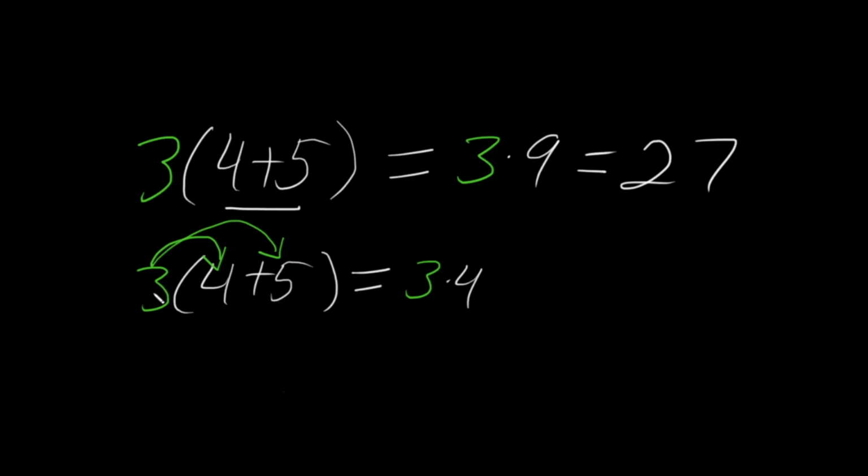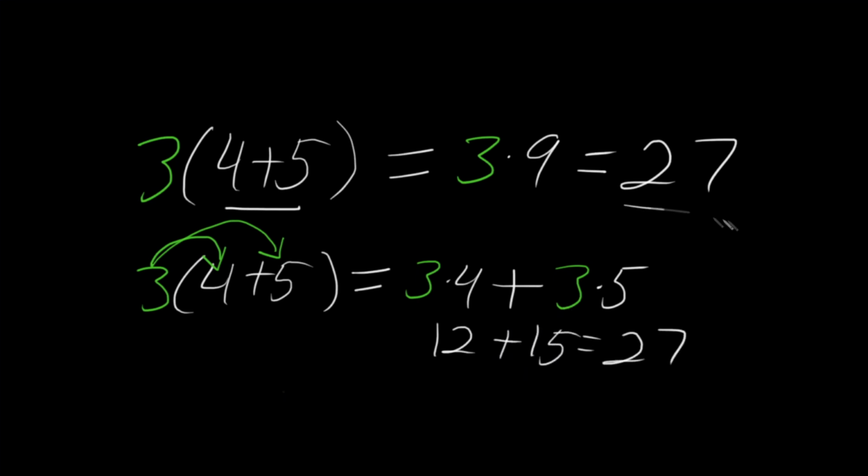So we're multiplying 3 times the positive 4, and 3 times a positive 5, and we know that's going to be positive, so we can go ahead and make that plus 3 times 5. 3 times 4 gives us 12, plus 3 times 5, 15, and that equals 27.